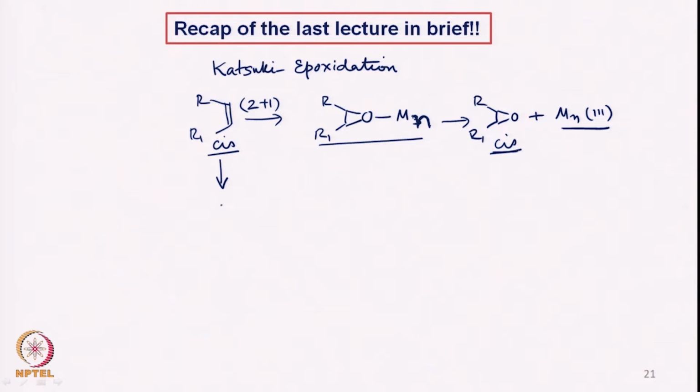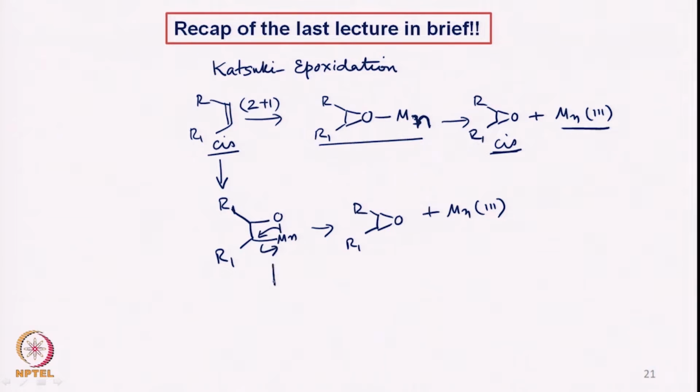We also saw that it can also be done by a metallo-oxetane type of intermediate where something of this kind can be proposed, and when this breaks up in this fashion, then we can also expect the cis epoxidation to take place, and of course the manganese catalyst goes away.